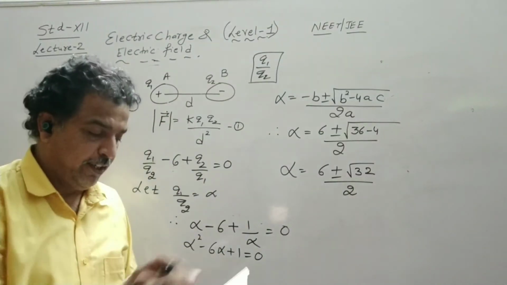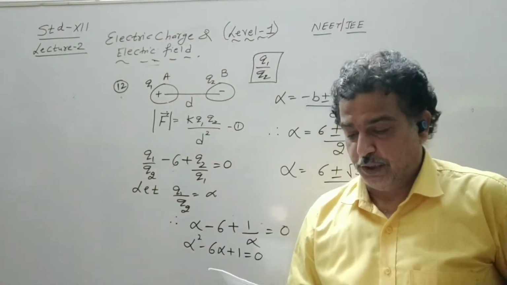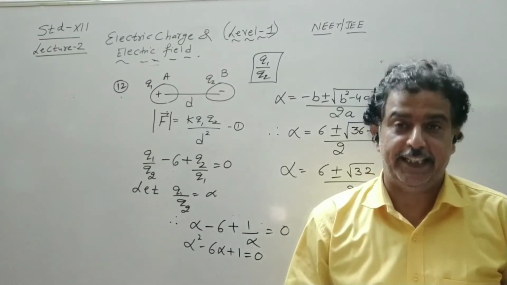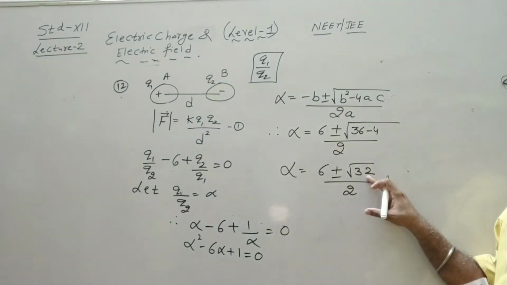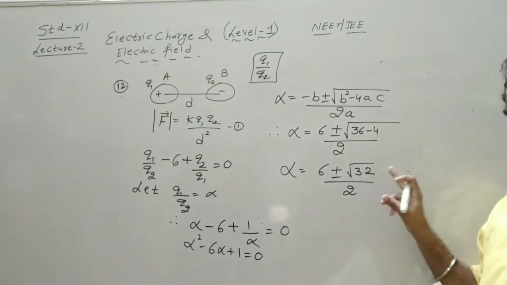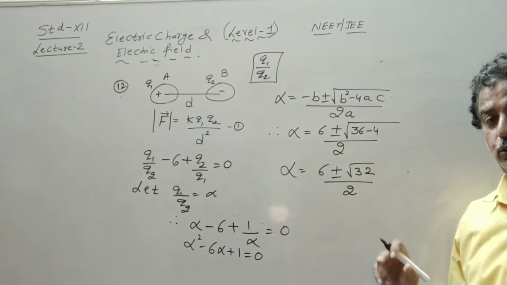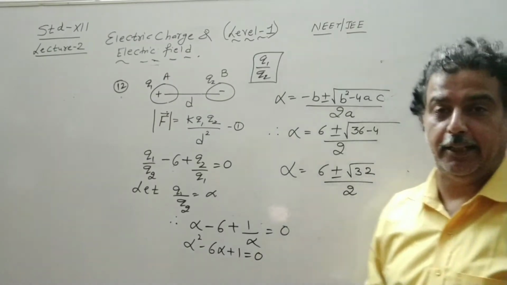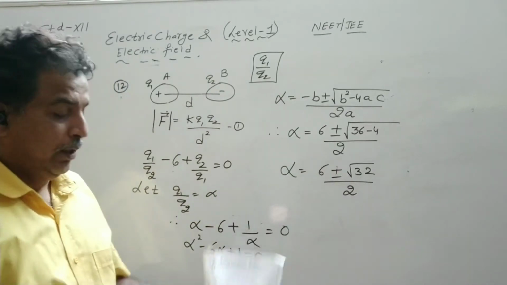Now if we refer to the options, the options are in terms of root 8. So here we need to keep root 8 and the remaining term should be taken out. So 32 can be written as 4 times 8, so that 4 comes out as 2.